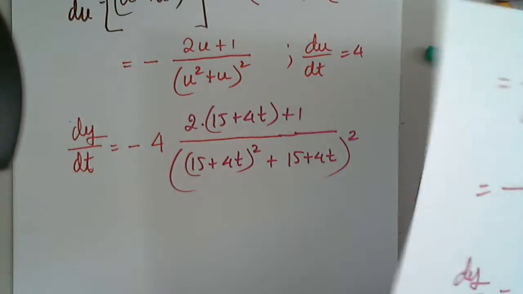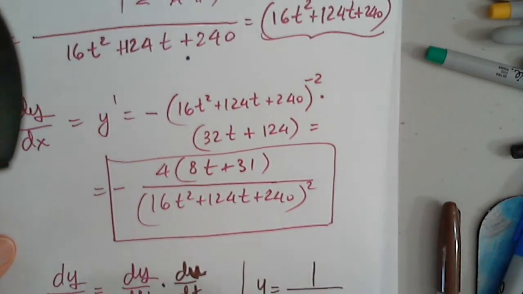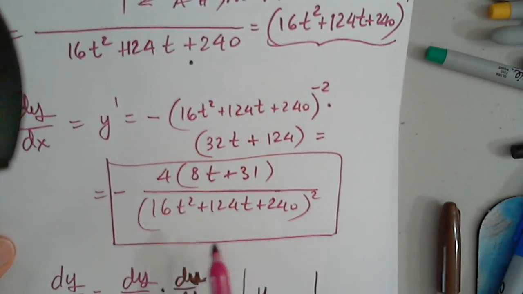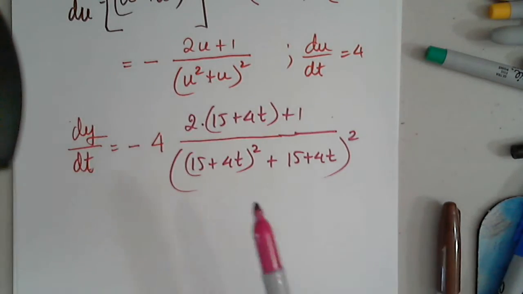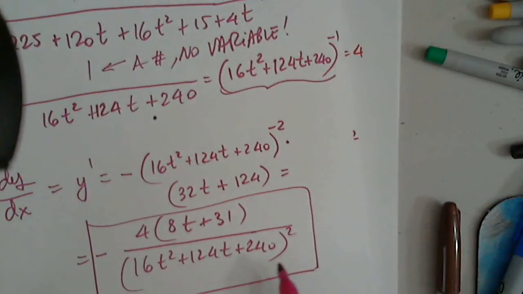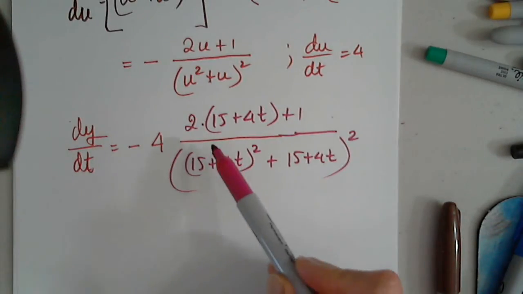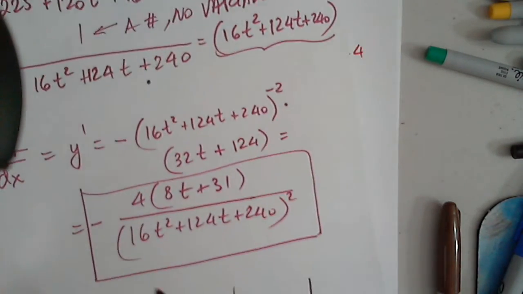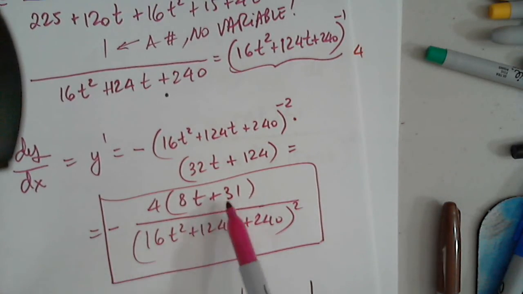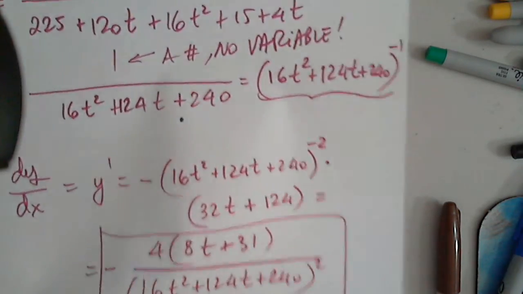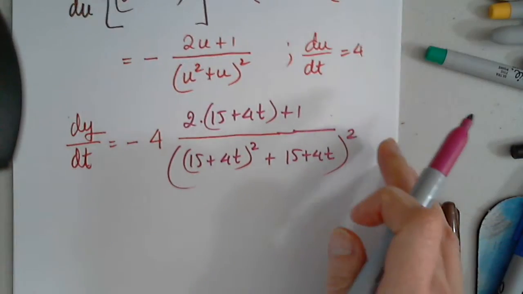And this has to be identical with this. Identical. So the denominator is very clear, it's the same thing we just did a few minutes ago. The denominator has to be the same with this one. So now we want to see that the numerator is the same thing with negative 32t and minus 124. So let's give it a shot and check.